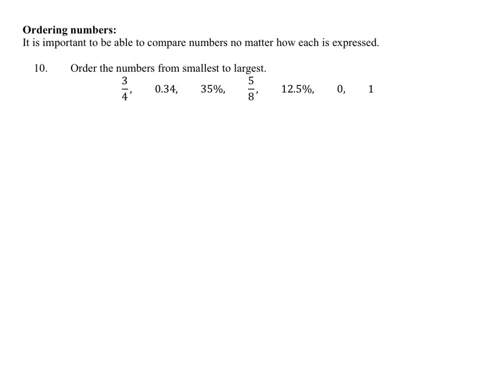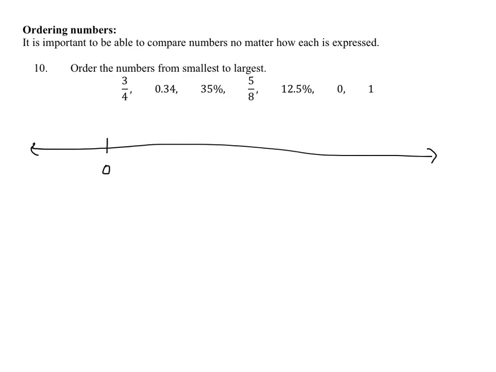Now, ordering numbers from smallest to largest, you were like, oh my gosh, I can't even stand it, right? So I'm going to just do a little number line here, okay? We have no negative numbers, so I can start with 0. And then I need to look at some of these other things.